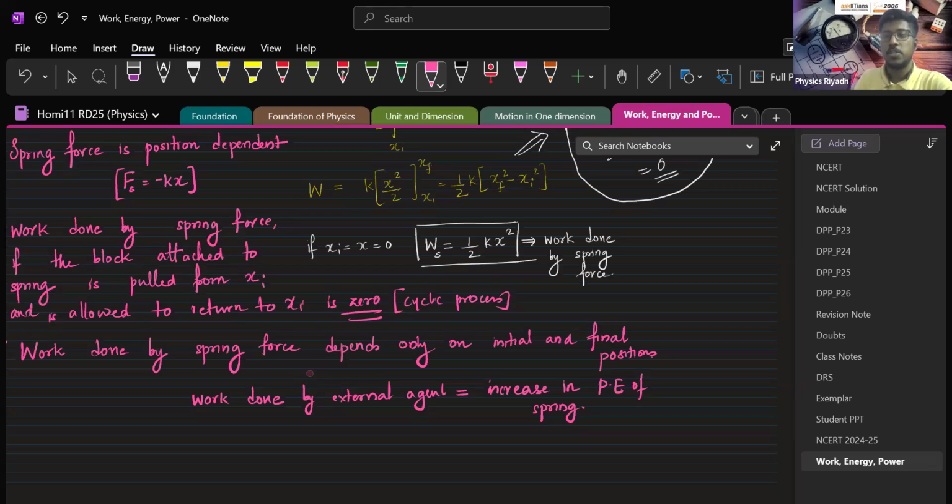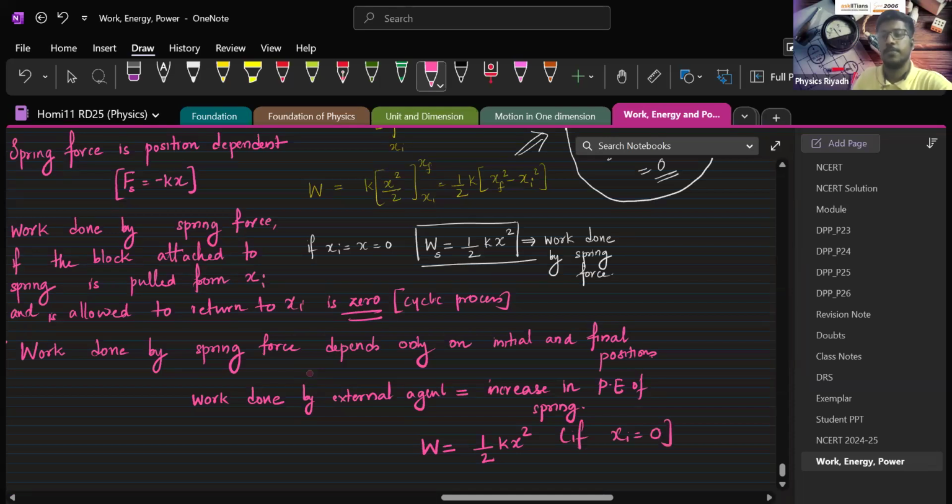When you do mgh work to raise an object through a height h, you are storing potential energy there. Similarly, the external agent does work by applying a force of kx in the direction of displacement. So the work done will be half kx square if the initial position is the mean position itself.